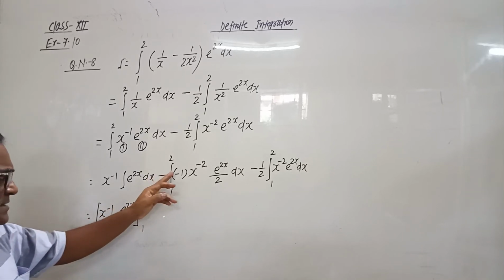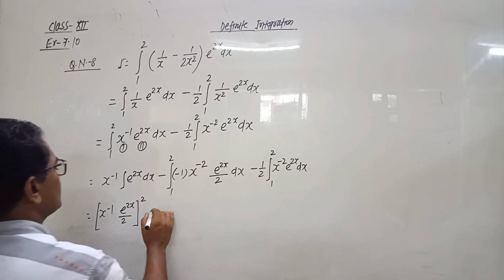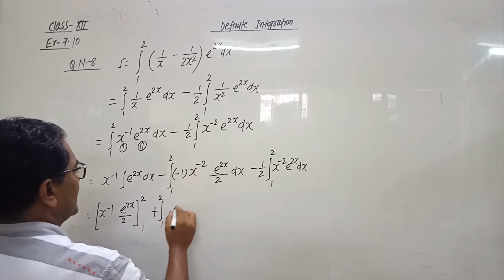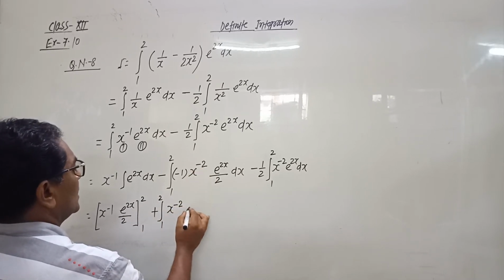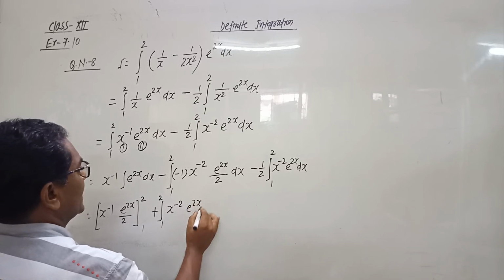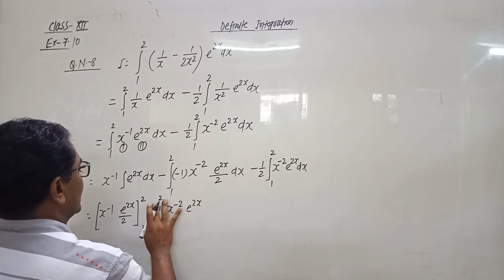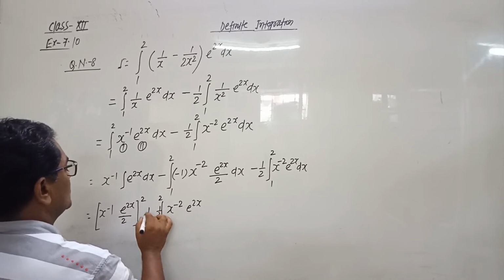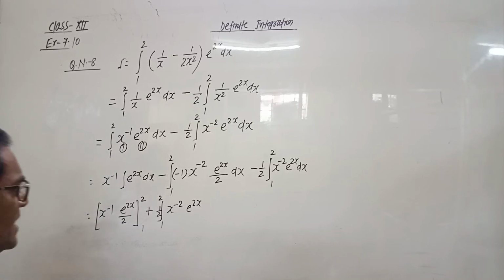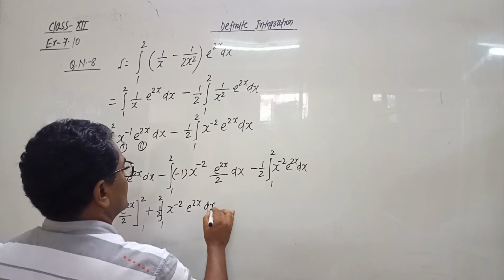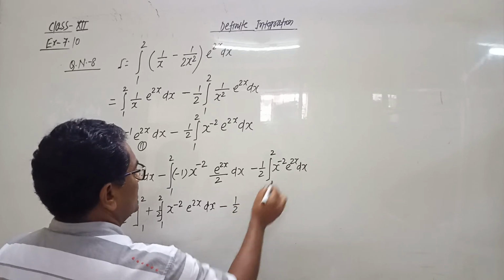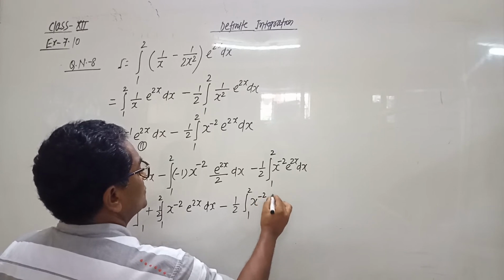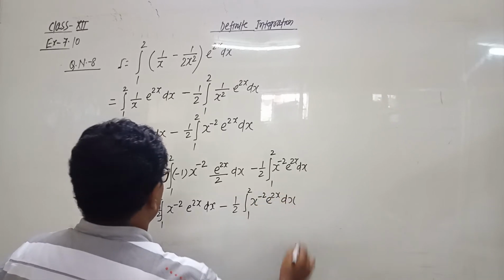Then minus minus becomes plus. Integration 1 to 2 of x raised to the power minus 2 and e raised to the power 2x, and 1 by 2 is taken outside the integration. 1 by 2 and there is plus e raised to the power 2x dx, and minus 1 by 2 times this expression would be written 1 to 2 x raised to the power minus 2 and e raised to the power 2x dx.